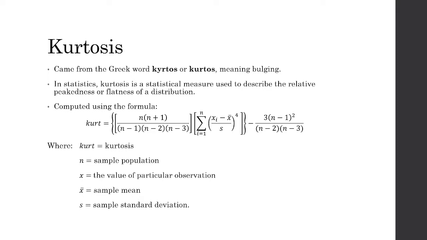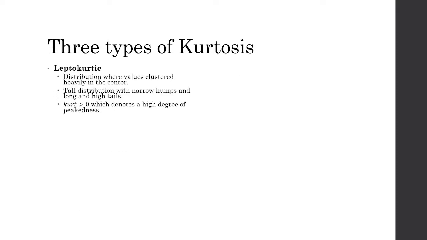But basically, if we are to compute for the kurtosis, we will be quantifying what we call the peakedness or the flatness of the distributions. And that peakedness and flatness is categorized into three types of kurtosis. First, we have here our leptokurtic.